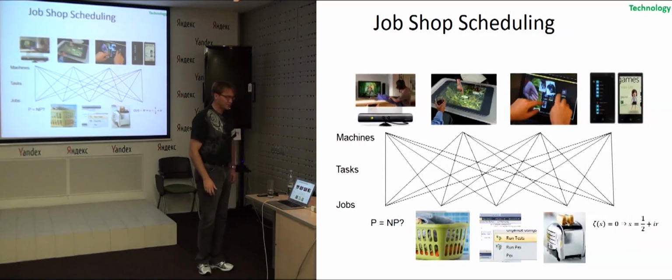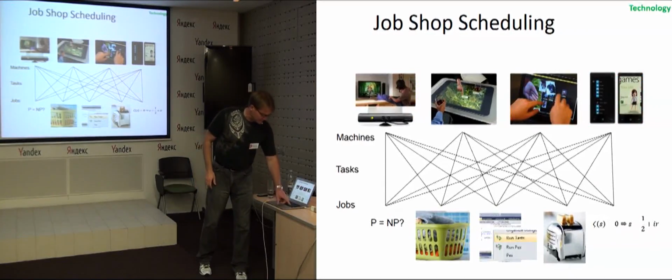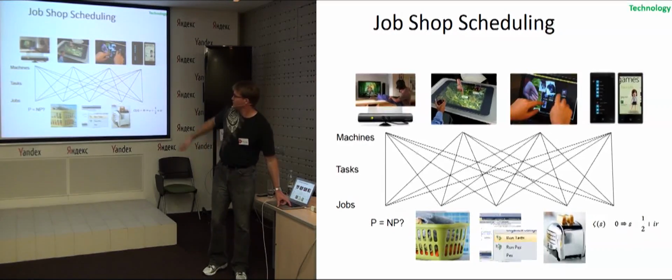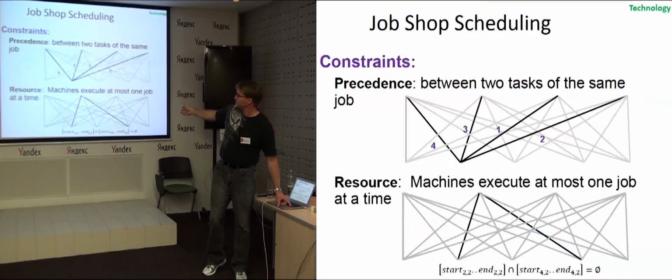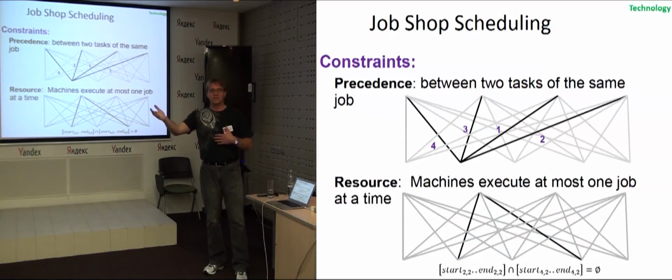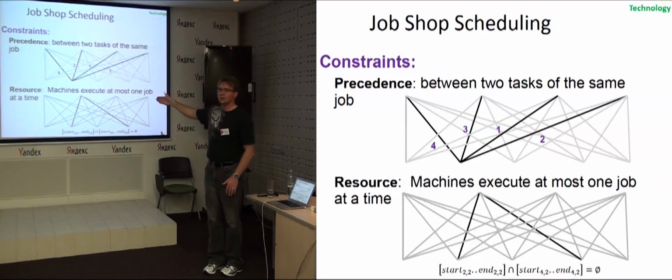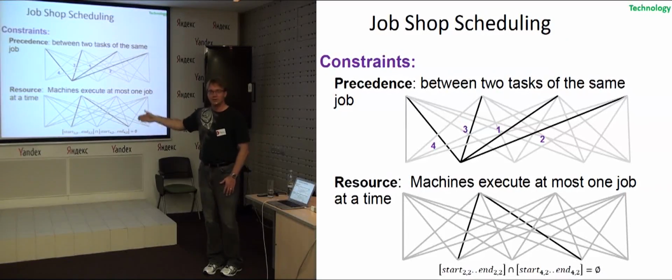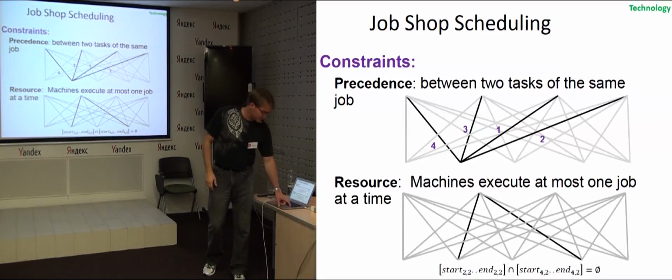Here's an example of job shop scheduling. Okay, so you have tasks and machines. You want to match them to each other. You give constraints. Each job should run on one machine at most. Each resource, you can't run two jobs at the same time on a machine. So these are resource constraints.